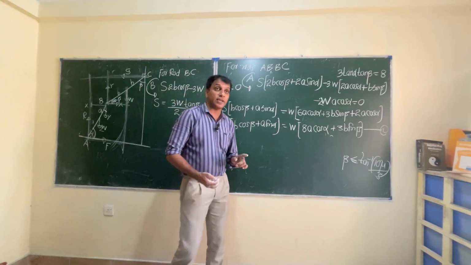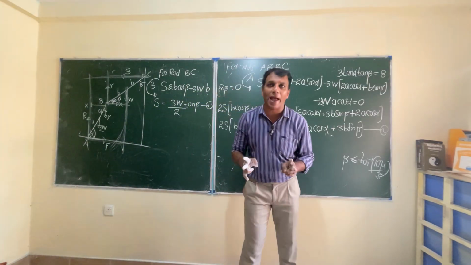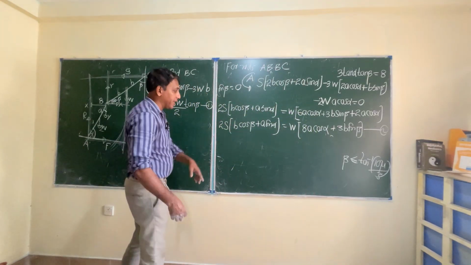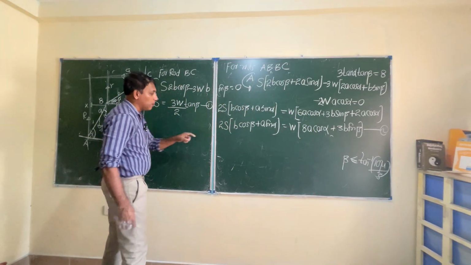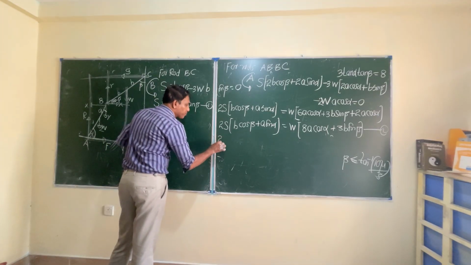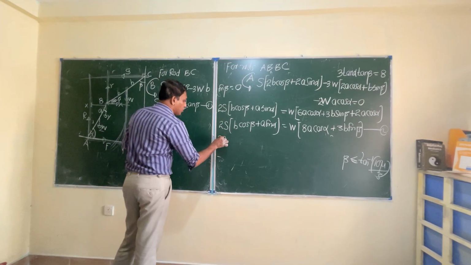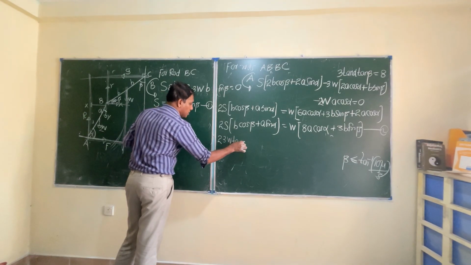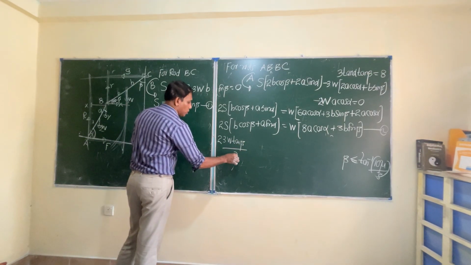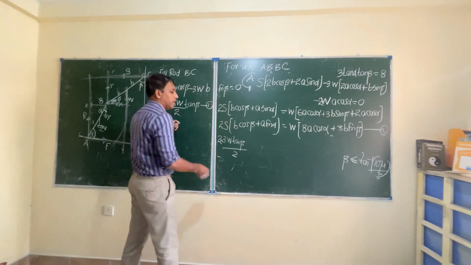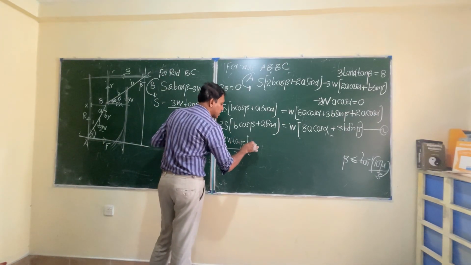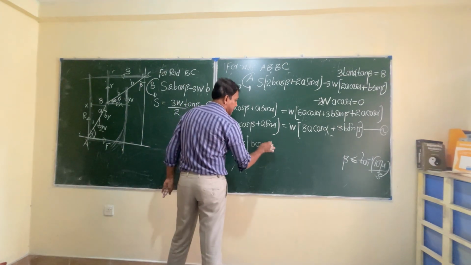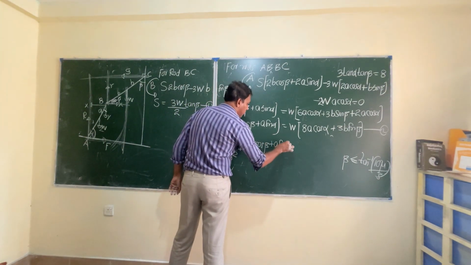I have said earlier, find S in two methods and equate. So here is 1, here is 2. Let's connect them. Substituting S: 3W tan beta over 2 into b cos beta plus a sin alpha.